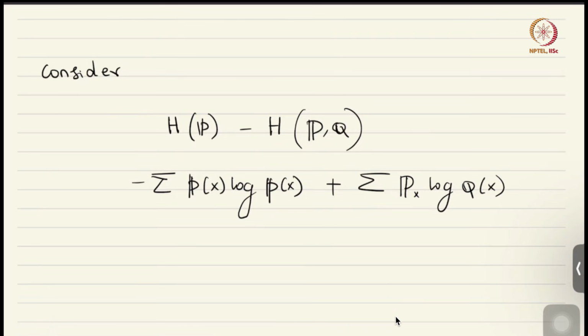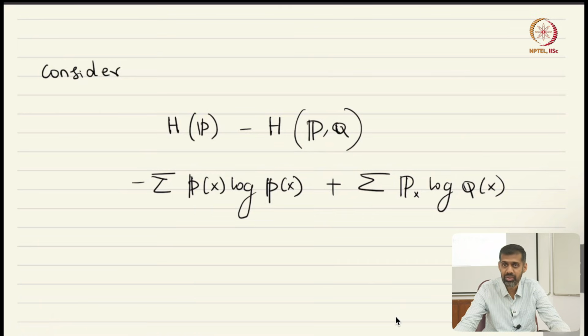I am saying what is the error that I have incurred by wrongly choosing Q while it should have been P, or the extra bit of information that is there in Q and not in P. Make sense? What is the difference between the entropy and the cross entropy? It is telling you that if I look at the average information in P and the cross entropy, or the information that is in Q with respect to P, and subtract them both, I will get the extra information that is there in Q which is not in P.